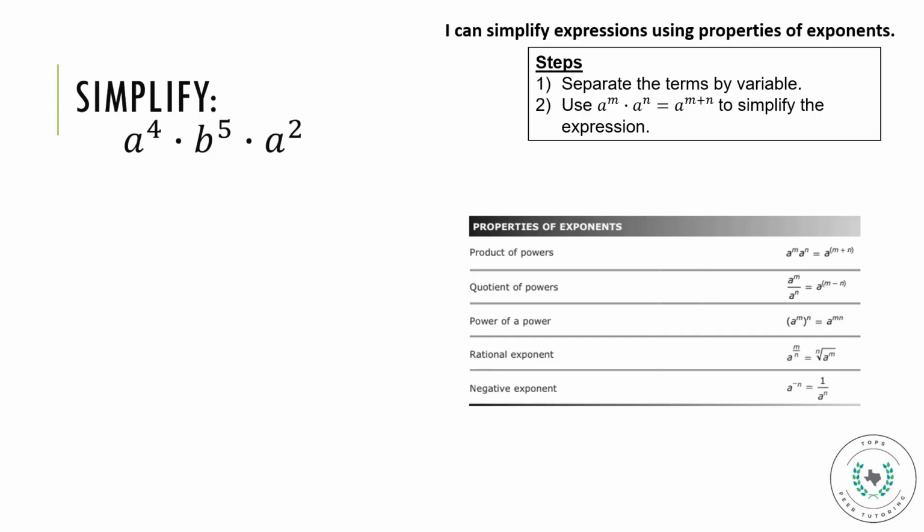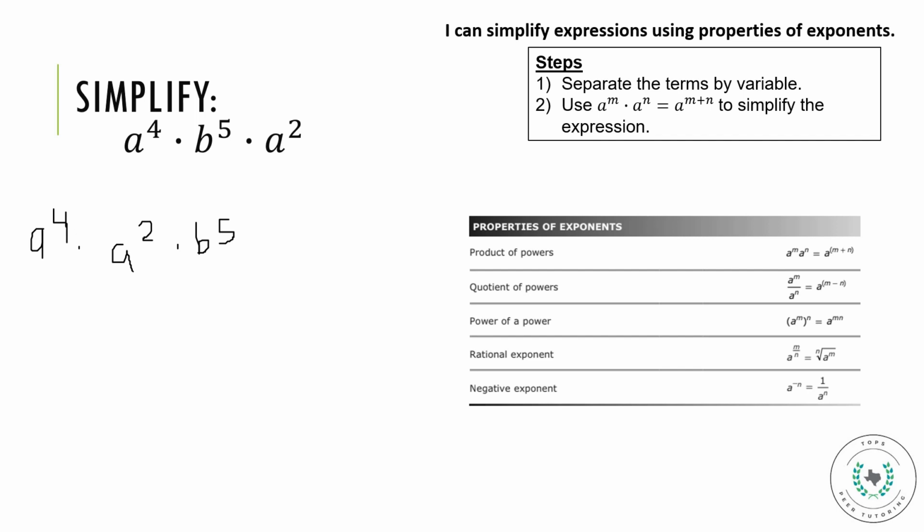We can see this property with another example. So, simplify a to the power of 4 times b to the power of 5 times a to the power of 2. Firstly, in this case, these like terms are going to be separated by variable. So I'm just going to rearrange all of this to have all the same values, but this time I'm putting the two a terms together, and then the b can go after.